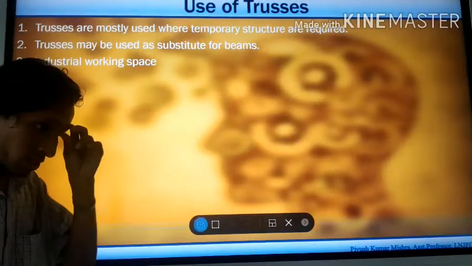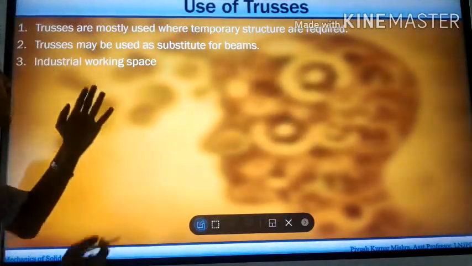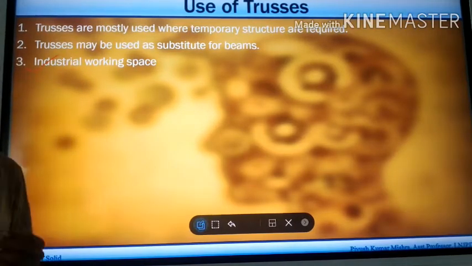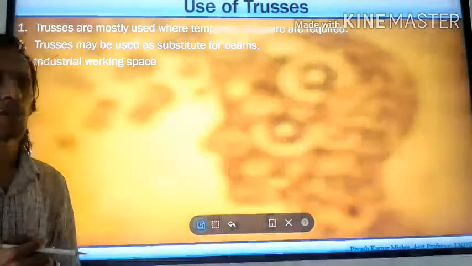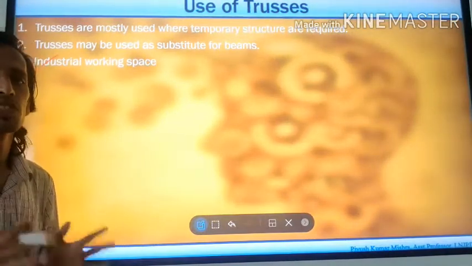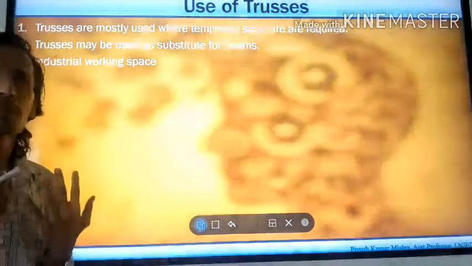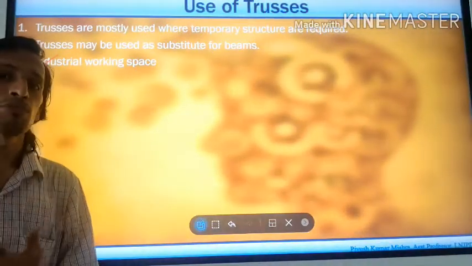In industrial working spaces, trusses are very famous, and mostly they use trusses only, because it is easier to make a truss system than a beam system.